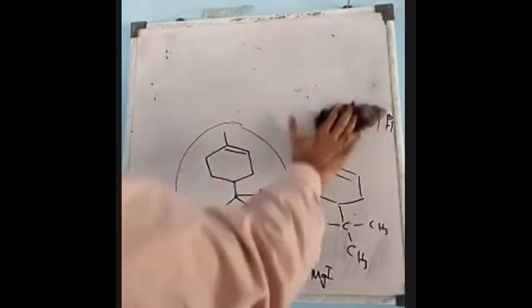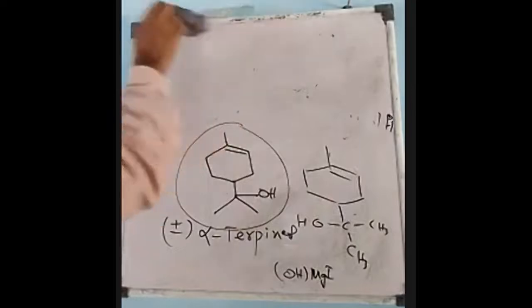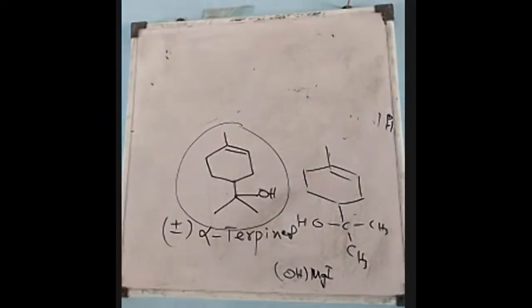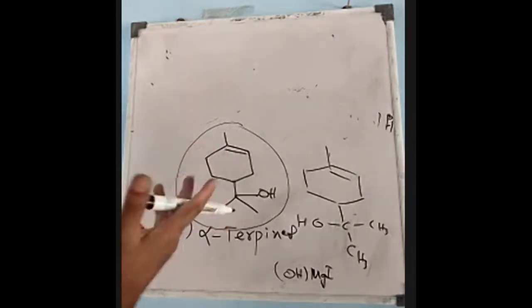Now, in the starting I told you there is another simple method that uses the Diels-Alder reaction. Using the Diels-Alder reaction is the simplest reaction of all organic reactions, if you look into the mechanism as well as the way of the reaction.